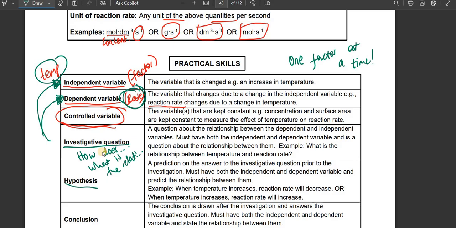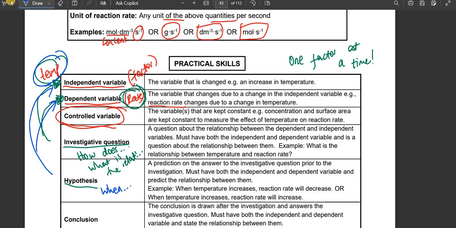Same thing with your hypothesis. Your hypothesis is a prediction, right? So the prediction must also include the independent and the dependent, or else it's not a complete hypothesis. When you're predicting, you can start it with when.